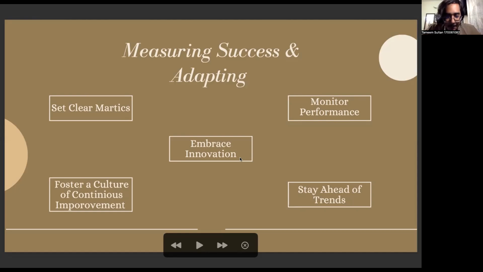Then you have to foster a culture of continuous improvement. Finally, it's important to foster a culture of continuous improvement within the organization. Encourage employees to share ideas and feedback and use this information to drive the ongoing improvement and innovation. So overall, measuring success and adapting to changing global market conditions requires a strategic approach and ongoing effort.